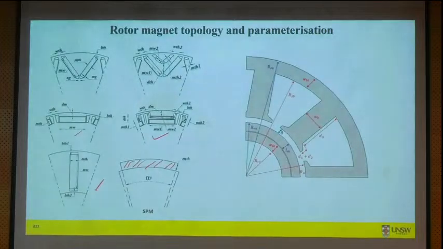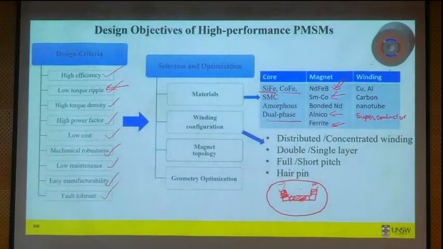Now, when we do optimization, what exactly are we going to do, right? Other than this selection of various types and topologies, we will also in fact change various geometrical parameters, right? So this is what is called geometry optimization.